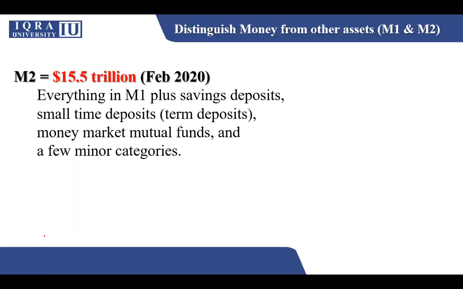M2 in the US on February 2020 was reported as $15.5 trillion. So everything we have included in M1, we include a few more things such as saving deposits. Remember this.